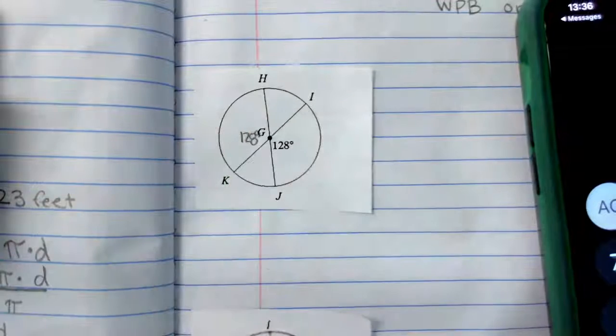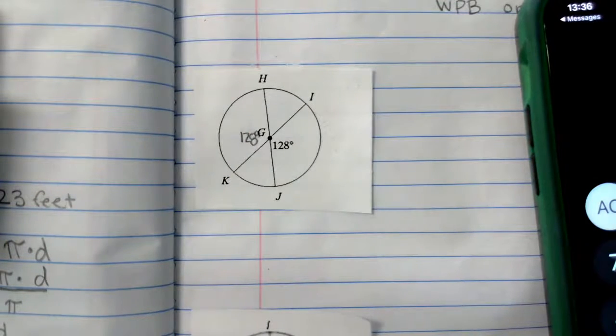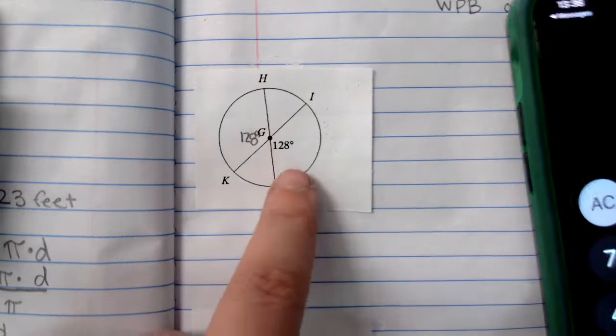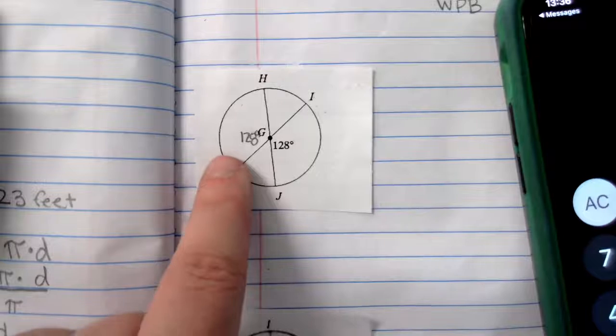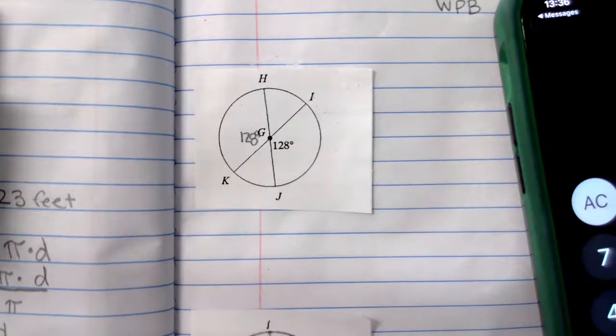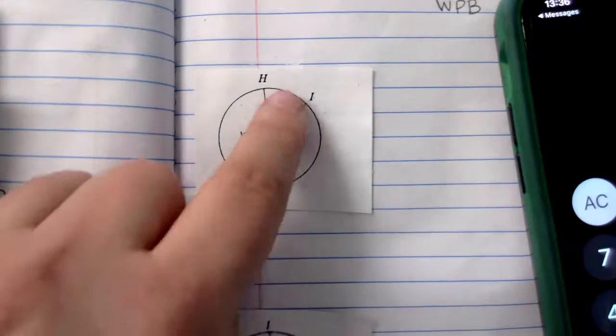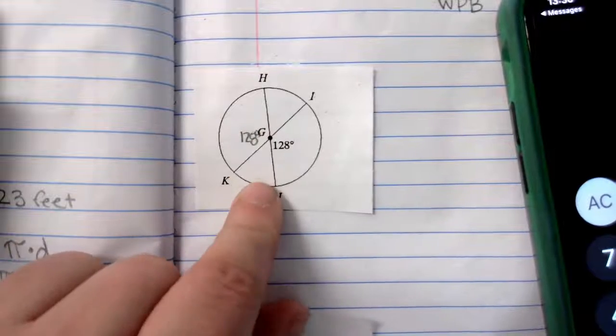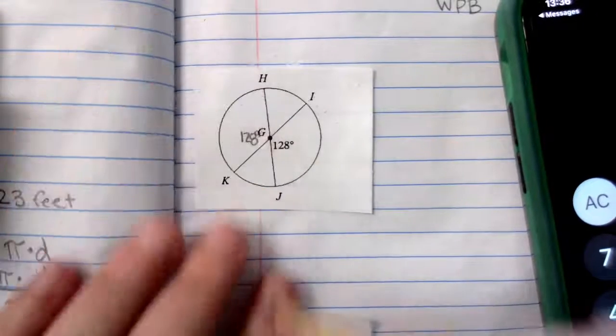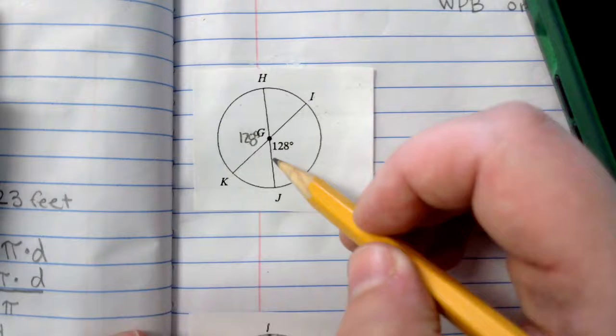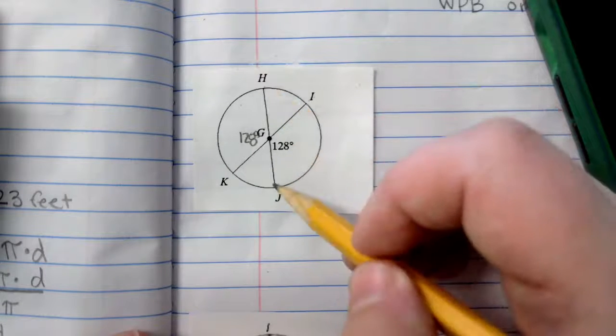We know that this is a diameter of the circle, H to J. That's a semicircle. So a semicircle would make 180. So if I know that's 180, I can take 180 minus 128, and what would that equal?